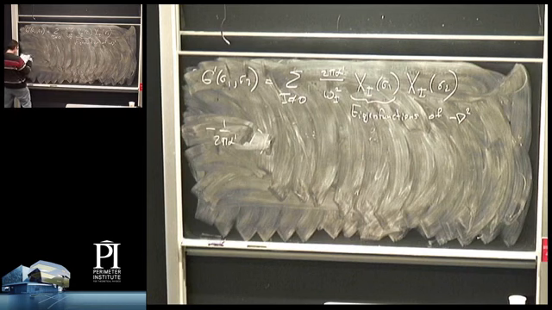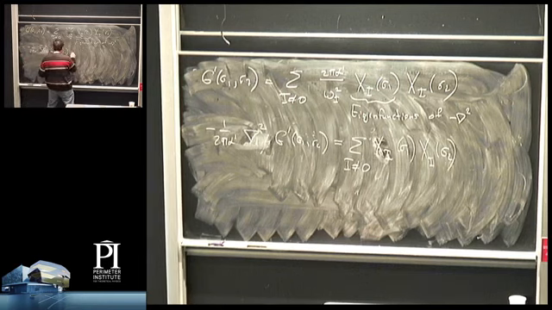This equation takes the following form: minus the Laplacian that acts on the first coordinate, σ_1, acting on G prime of σ_1 and σ_2.